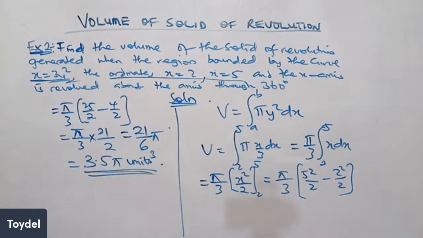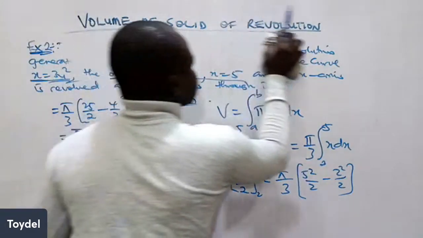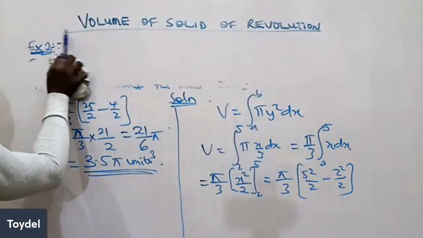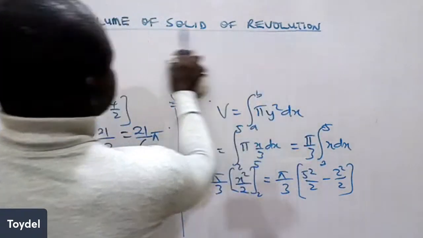In this second example, we have to find the volume generated. Okay, let me write the question. In this case now, we are given the ordinates. We use the formula V is equal to the integral from a to b.